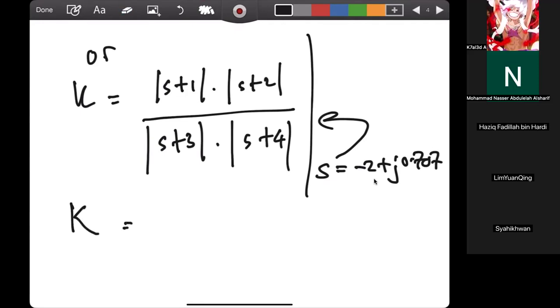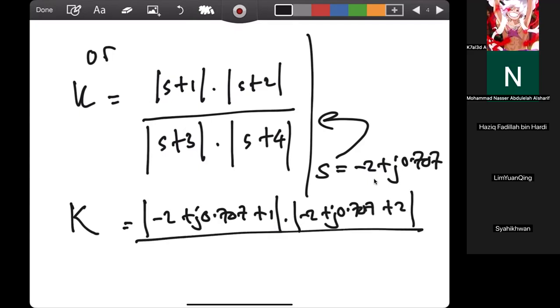Do you understand how to do it? Using a calculator, this is another way to calculate the gain.